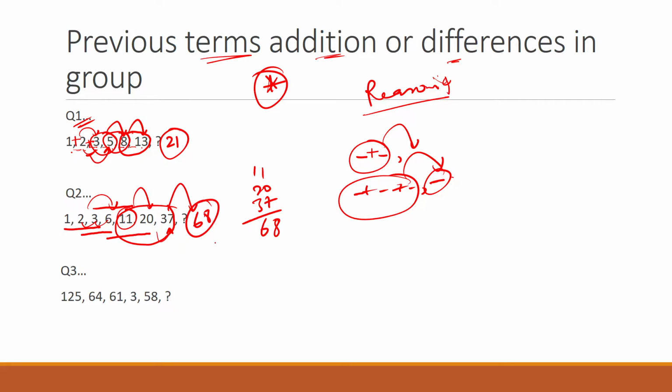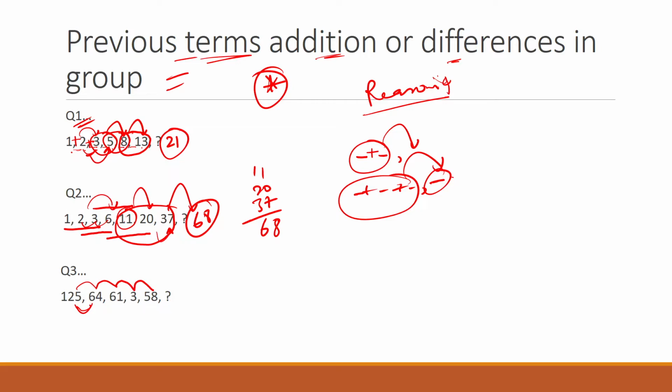So this is how you can do the previous terms grouping. And the last question is somewhat complicated. This could be done using the difference instead of doing the addition. So if you directly see the numbers, 125 goes to 64, then it goes to 61, then comes an anomaly wherein it goes to 3 and then it jumps to 58.